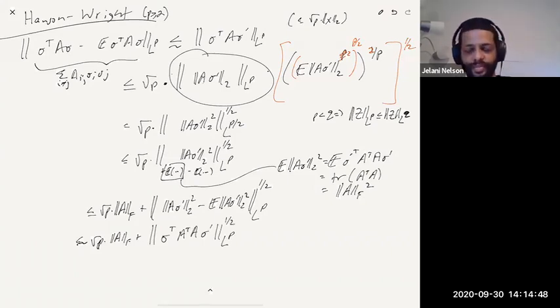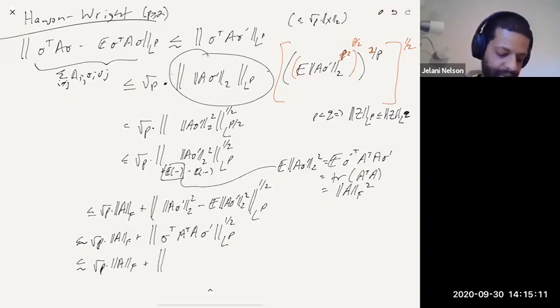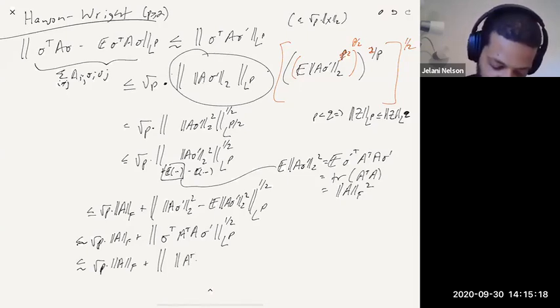It looks like I'm back where I started, sort of, but we're almost there. And then I'm going to apply Khintchine again. So this is at most, by Khintchine, root P times the Frobenius norm plus now the L2 norm of A transpose A sigma prime.